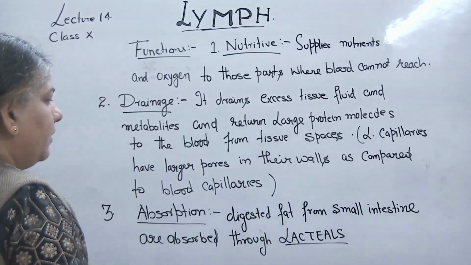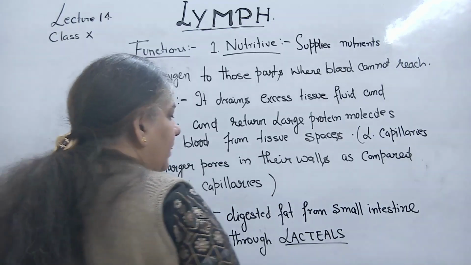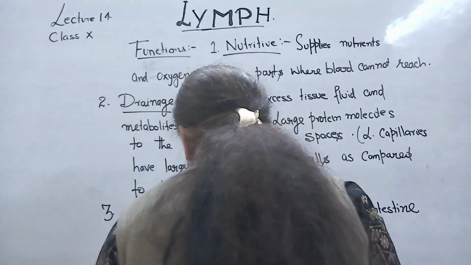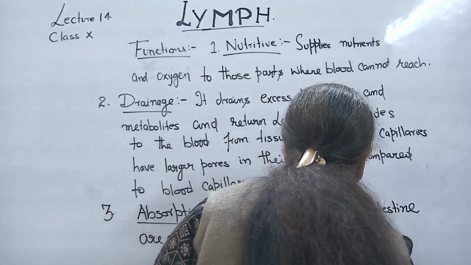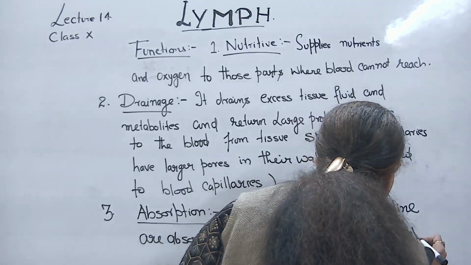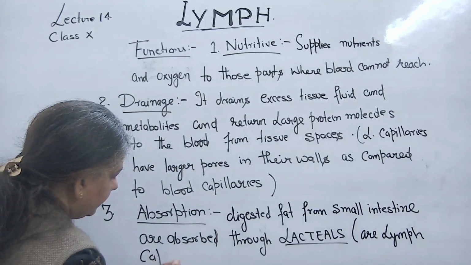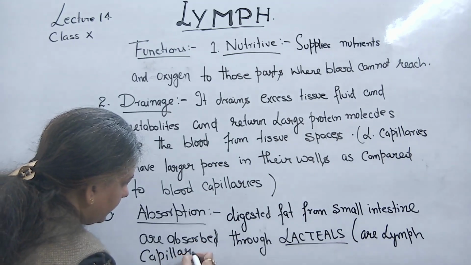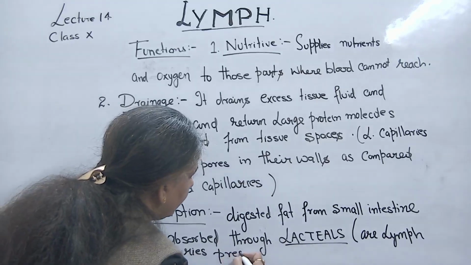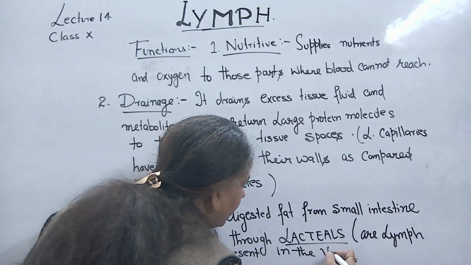So digested fat from the small intestine is absorbed through lacteals, and lacteals are the lymph capillaries present in the villi.